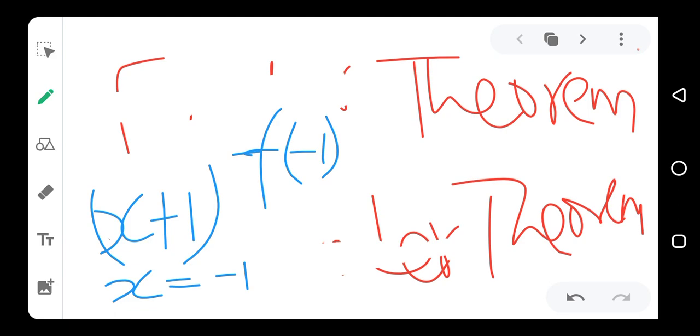If you are given any term to divide a polynomial and you get a remainder, that term cannot be a factor of the polynomial because it will not give 0. It cannot give a zero of the polynomial.